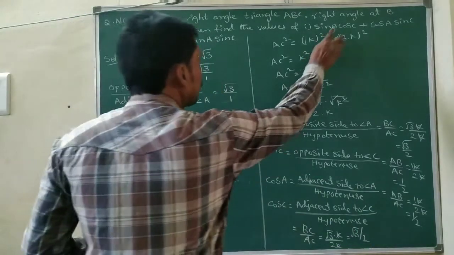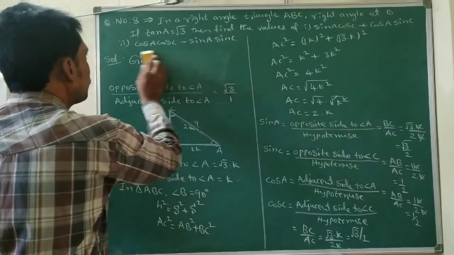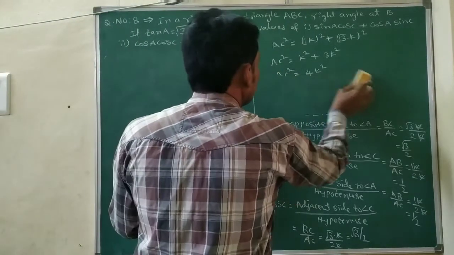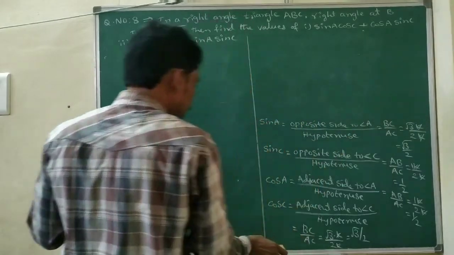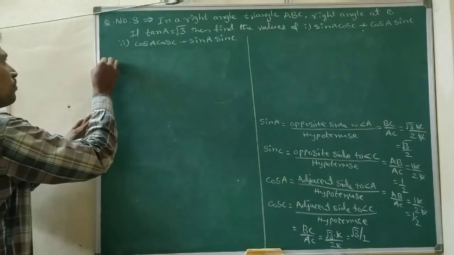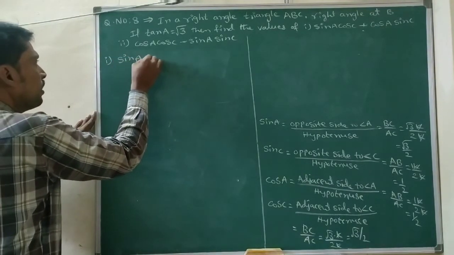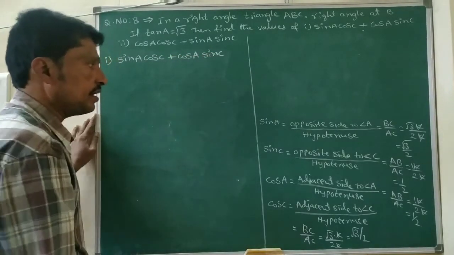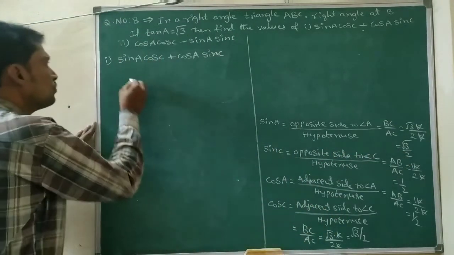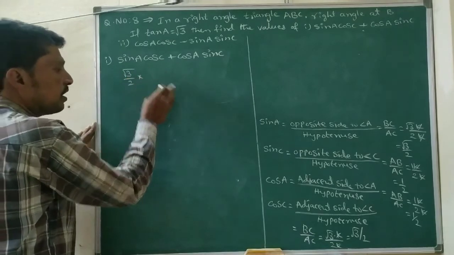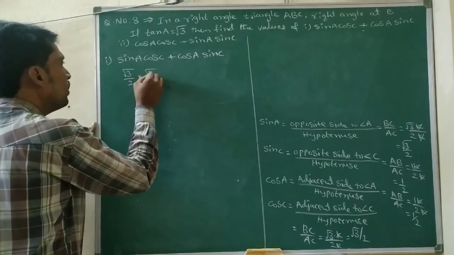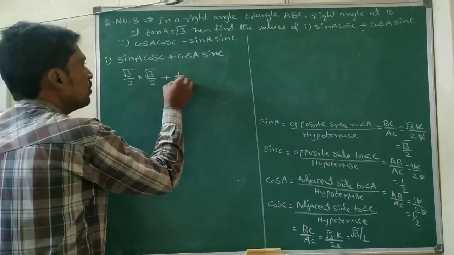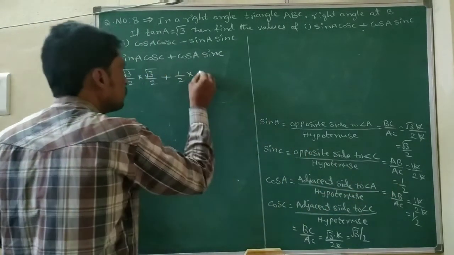Now we need to find sin A cos C plus cos A sin C. Sin A is root 3 by 2 into cos C, whose value is also root 3 by 2, plus cos A, whose value is 1 by 2, into sin C, whose value is 1 by 2.